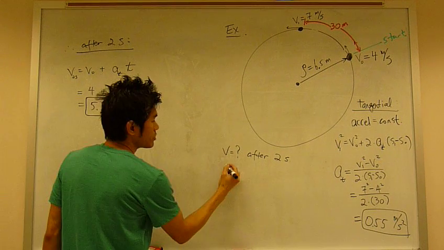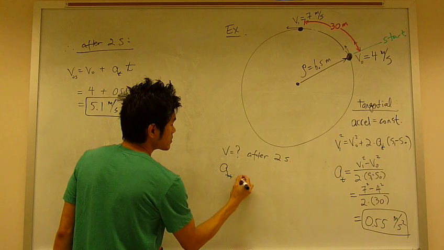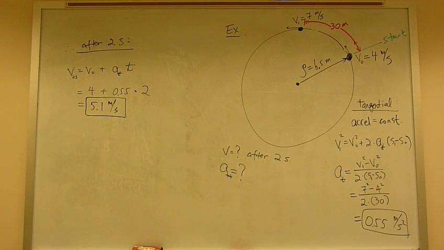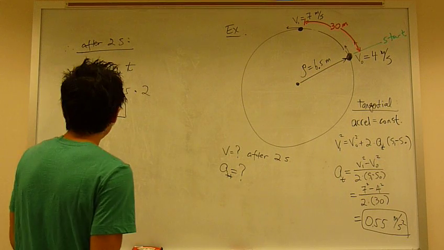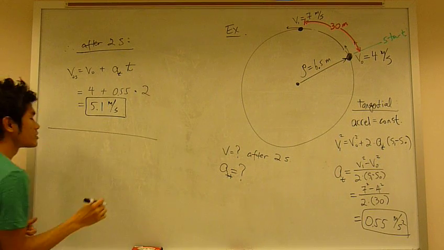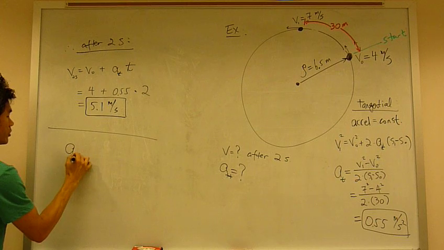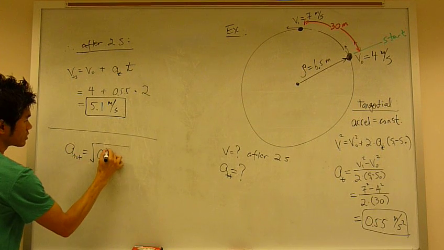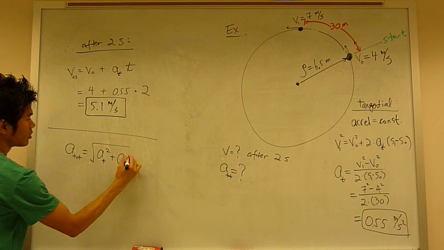So I can also ask you, what is the total acceleration? Just use the equation that I developed earlier. Total acceleration equals the square root of tangential acceleration squared plus normal acceleration squared.